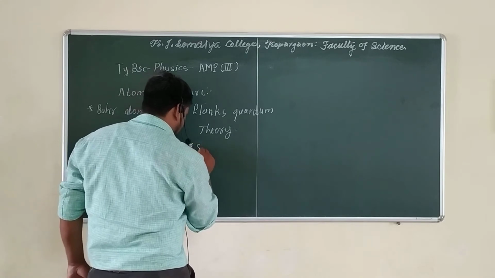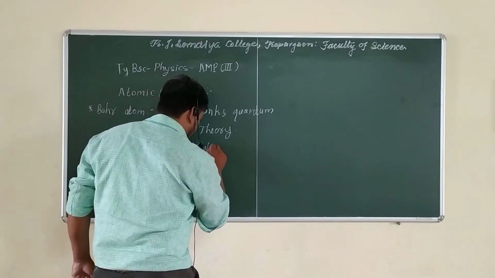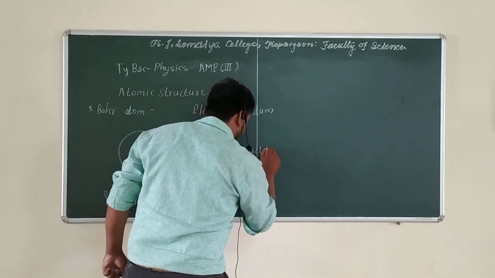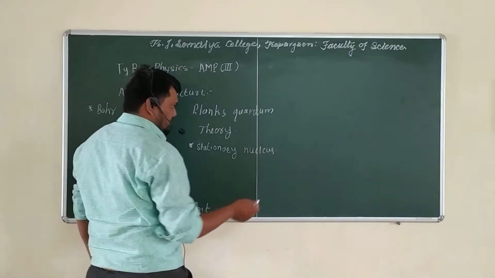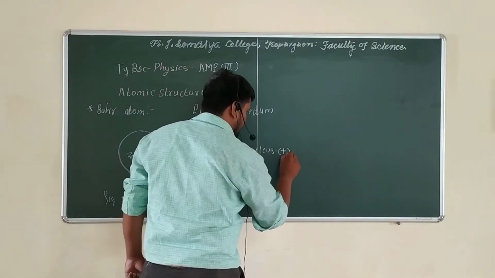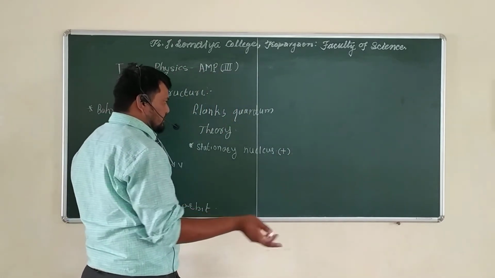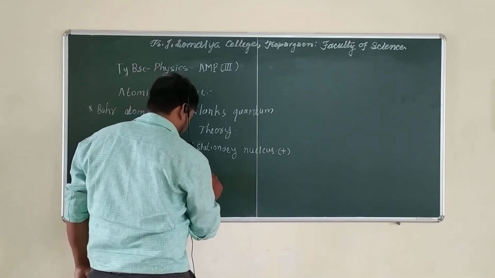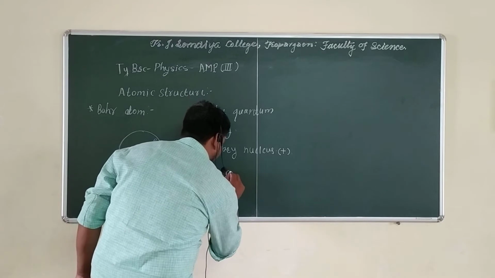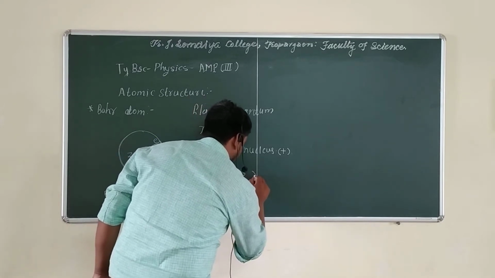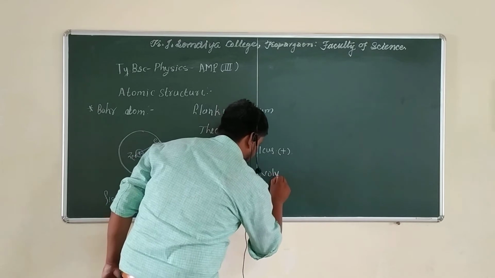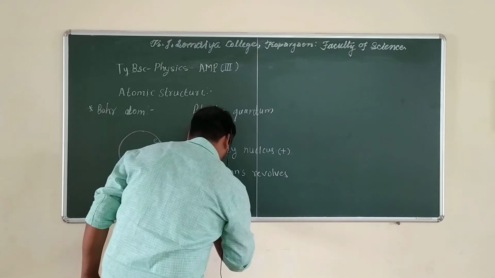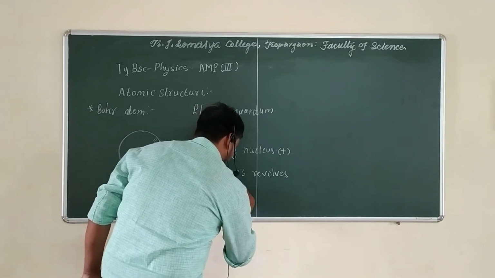So the first main point is the stationary nucleus. That stationary nucleus has positive charge, and the electron, having charge minus e, revolves around the stationary nucleus.